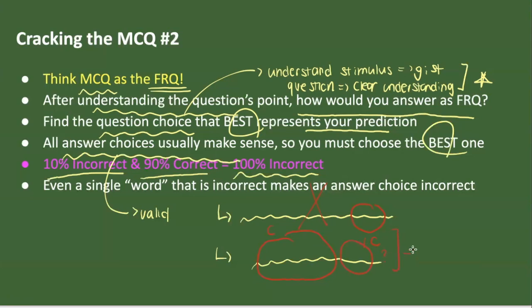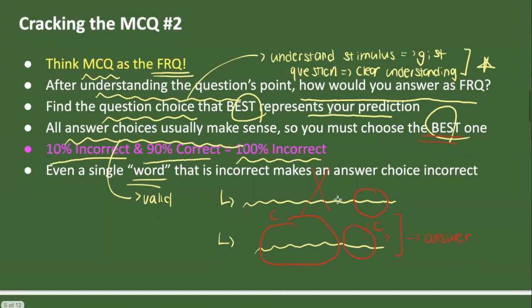This will likely be the answer, because you're asked to choose the best one. So again, it's very important to understand that even a single word or phrase that makes the answer choice incorrect makes the entire answer choice incorrect.